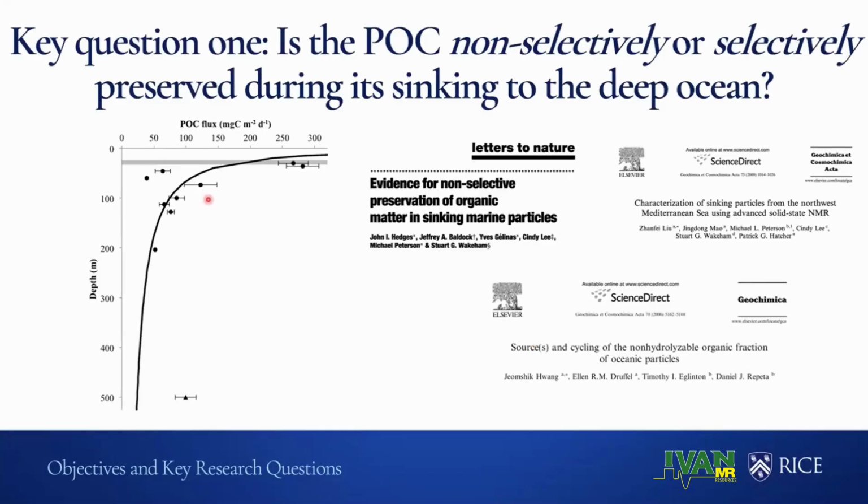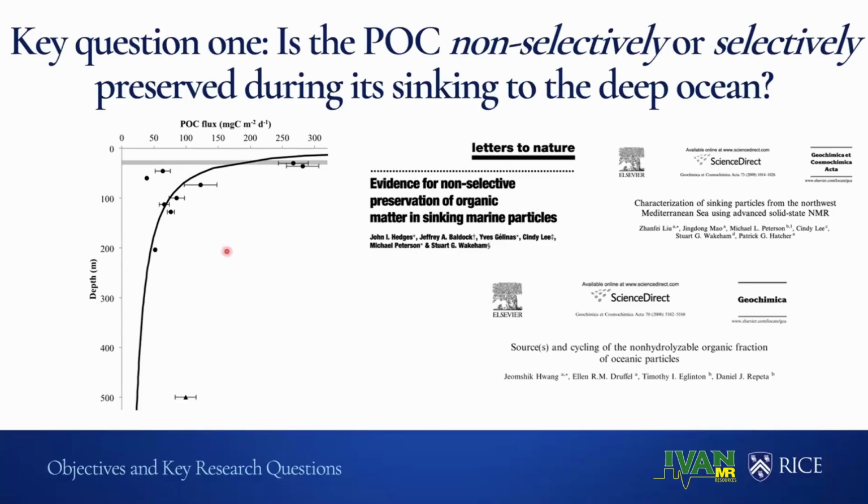During its transport from the surface where the POC is produced to the ocean floor, the majority of the POC will be remineralized. Only about 1% of the POC will reach the sea floor and be buried for long-term storage. A key question we want to ask is, what happens to this POC during its sinking?